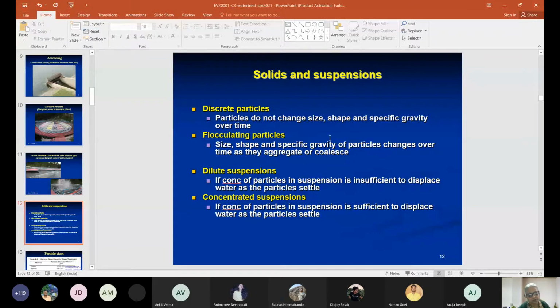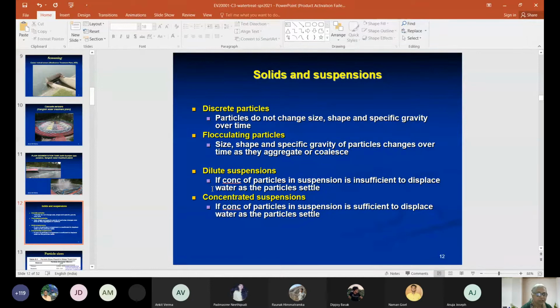If they aggregate or coalesce, then obviously there is a change in size, shape, and specific gravity. They get modified depending on pH, the concentration of particles, and so many other factors which we will come to later. So these are called flocculating particles.